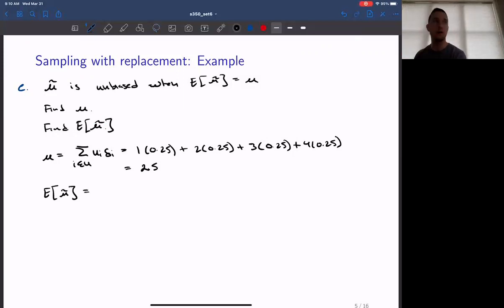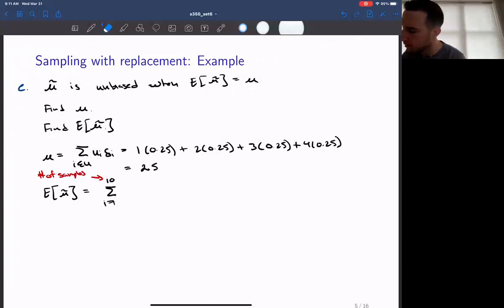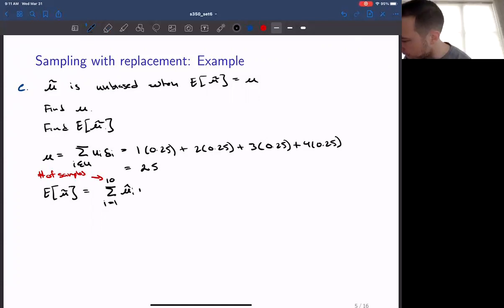Okay, the expected value of mu tilde is equal to the sum from i equals 1 to 10 in this case, so 10 here represents the number of samples, of each mu hat i multiplied by the probability of observing that sample.